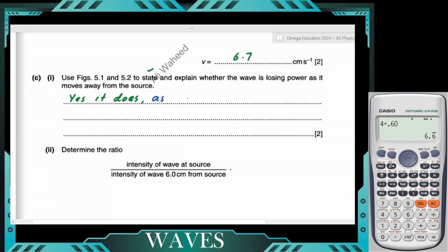So I'm going to write the expressions. Amplitude is inversely proportional to distance, and if the distance increases, amplitude would decrease, and less amplitude would correspond to less power.